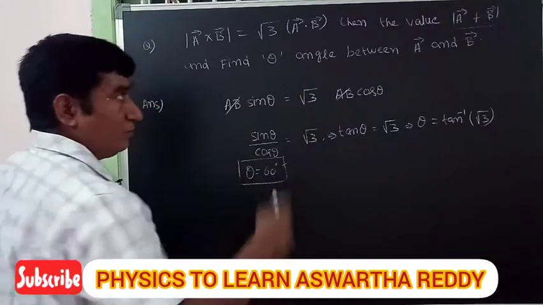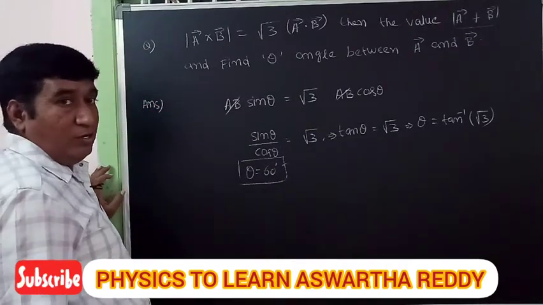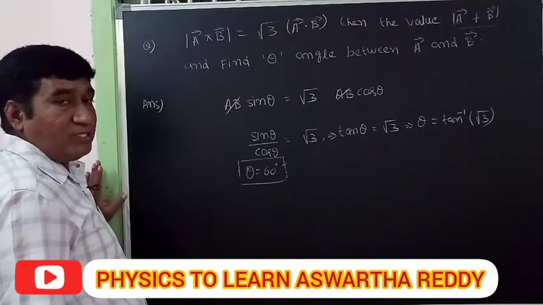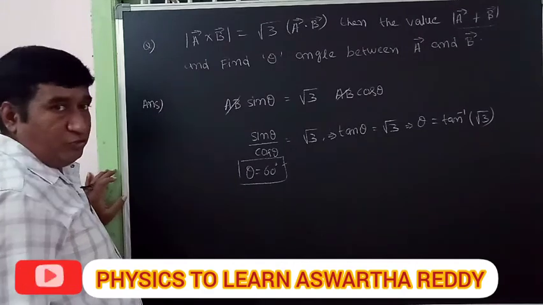So if you see this, what can we tell? R vector is equal to A vector plus B vector in terms of magnitude.